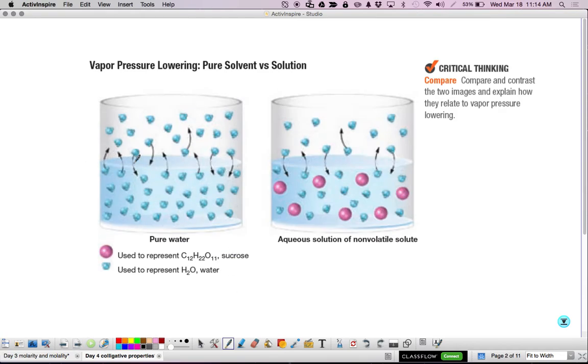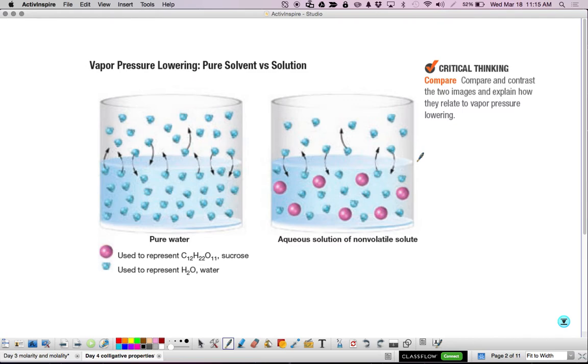In just pure water, we're going to set up an equilibrium where vapors are going to be entering the water at the same rate that vapors are going to be leaving. And this is all going to happen at the surface. But if you add a non-volatile solute, in this case sucrose, that surface area is going to contain not just water molecules, it'll also contain sucrose molecules.